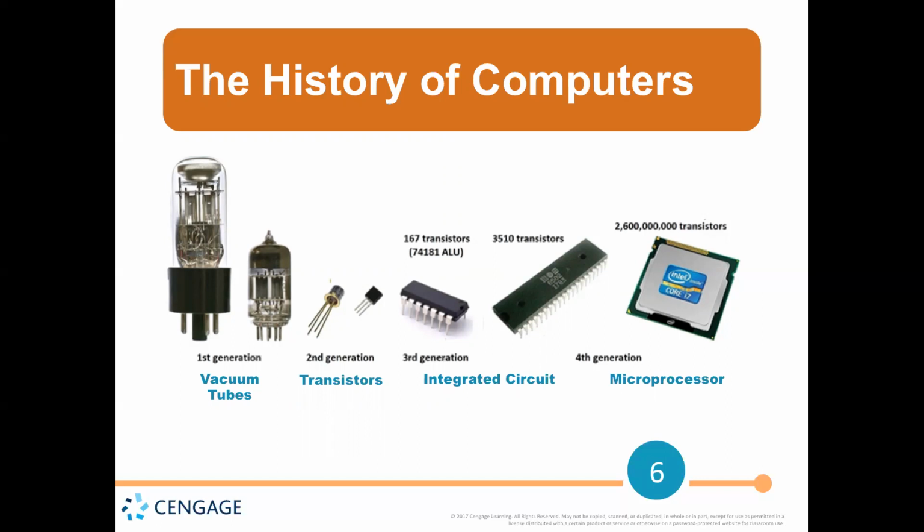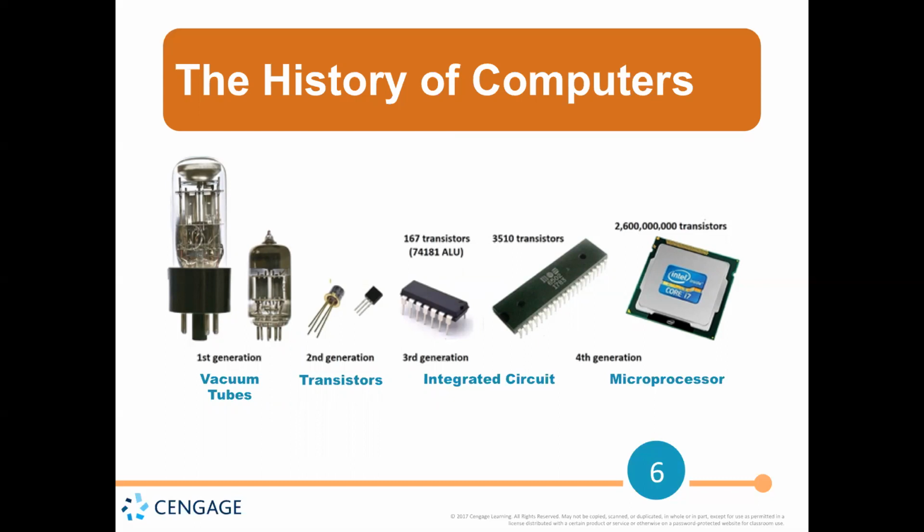Once you get to the integrated circuit or IC chip, the third generation, you could get 167 transistors onto that one chip there in the center of the screen. Whereas the next one over, which was just a little bit later, went from 167 to 3,500 transistors. And by the time you get to the microprocessor, you're at 2.6 billion transistors.